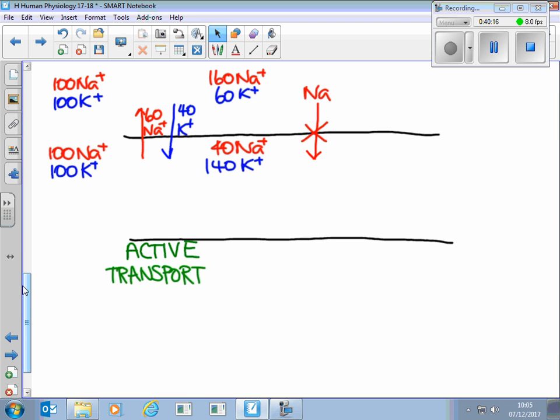The potassium channels, on the other hand, are not all open. There's some open, so I'm going to show that as a dashed line because it's not really very great, but to make this work, we get 15 potassium ions diffusing back out through their channels.